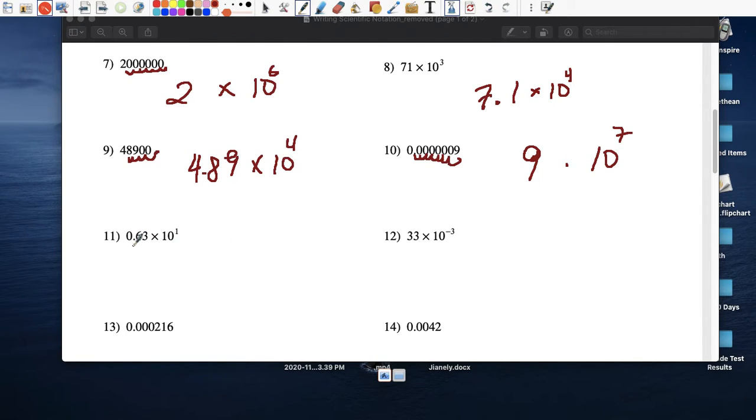Again, we're going to adjust that, right? So to move that particular decimal is going to move 1 over that way. So it's going to be 6.3 times 10 to the, oops, sorry, this was a negative power, okay?